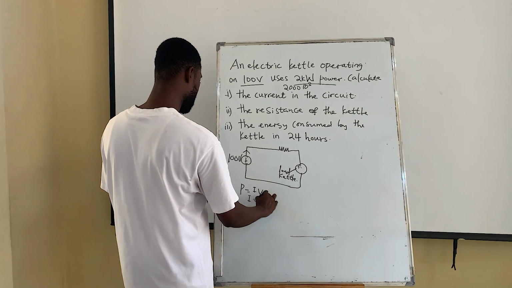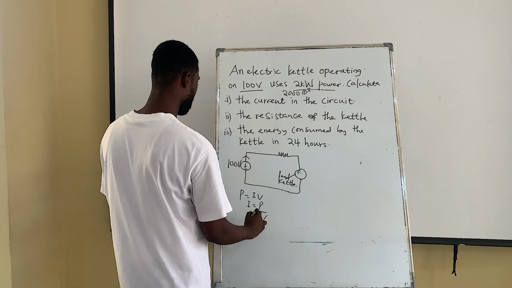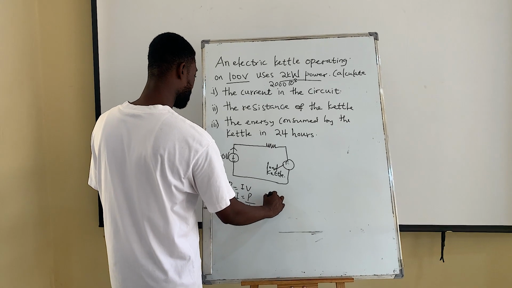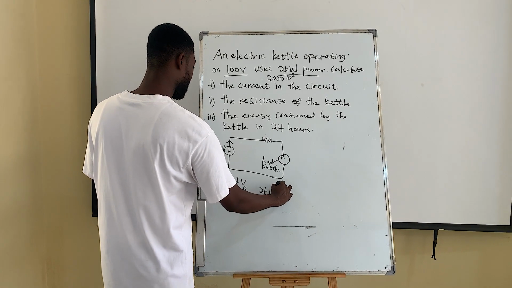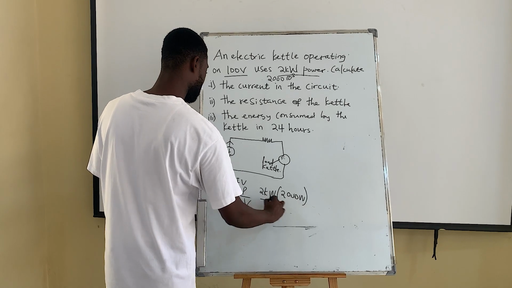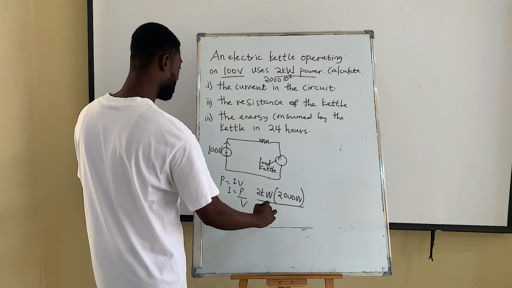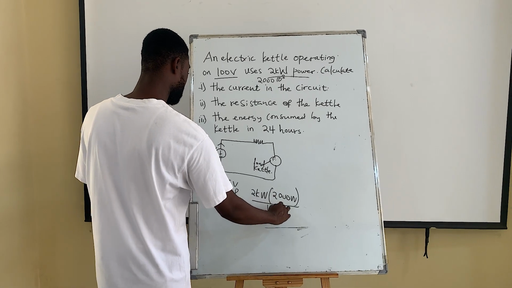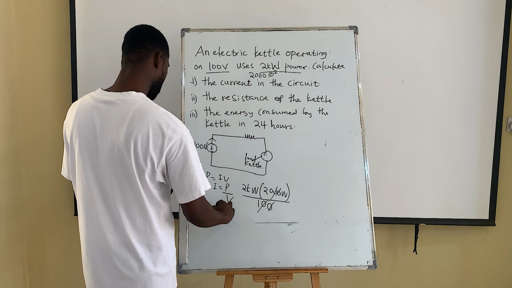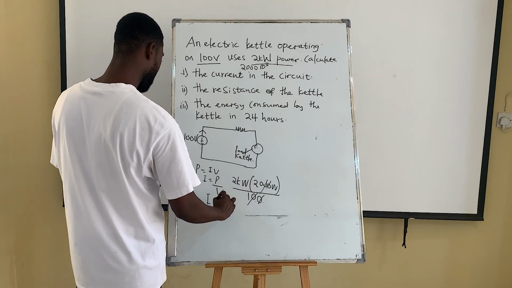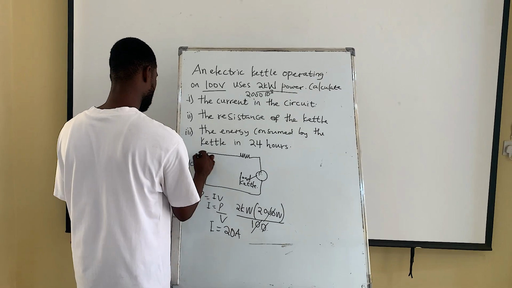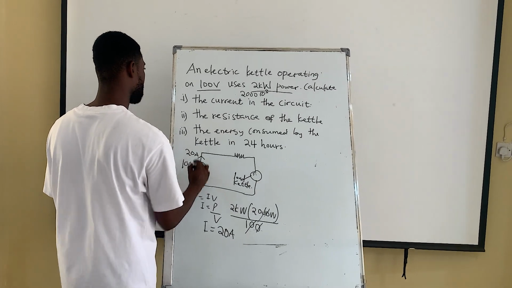Therefore, I is equal to P over V. So the power here is 2 kilowatts. In other words, 2000 watts. Dividing the voltage, the supply voltage is 100. So this cancels this cancels this. Then the supply current or the current in the circuit will be equal to 20 amps.